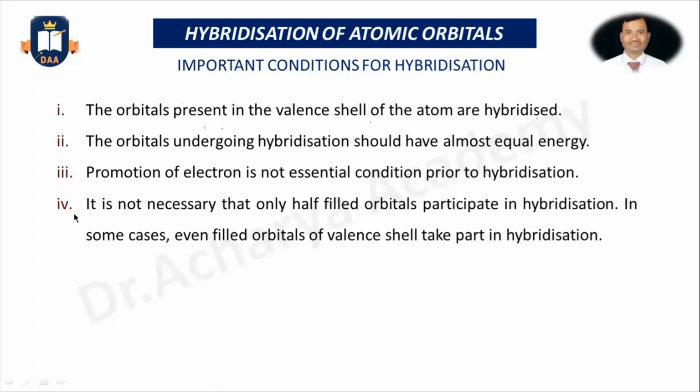And last, condition number 4, it is not necessary that only half-filled orbitals participate in hybridization. In some cases, even filled orbitals of the valence shell, that means sometimes the lone pair, also take part in hybridization.